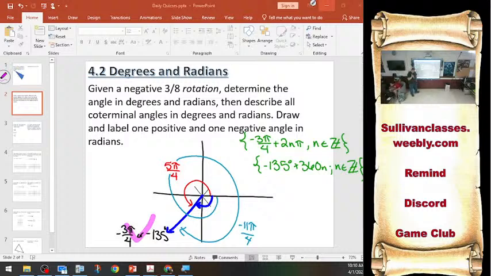Kids will screw this up, and put it in the right spot. I'll have kids who say negative 3 pi over 4, but then they put it up in quadrant 2 for some reason. Or they write negative 135, but then they put it in quadrant 4.